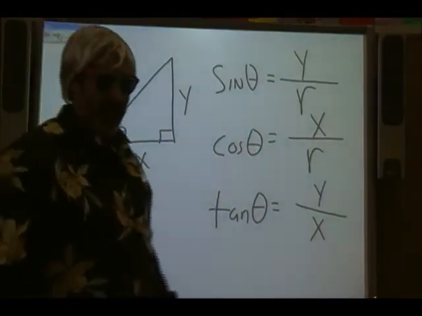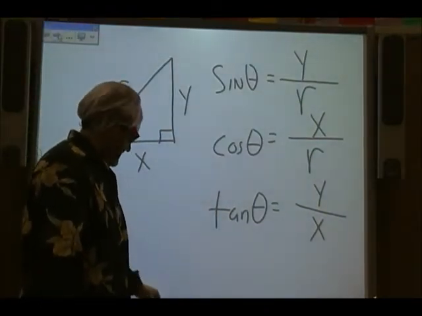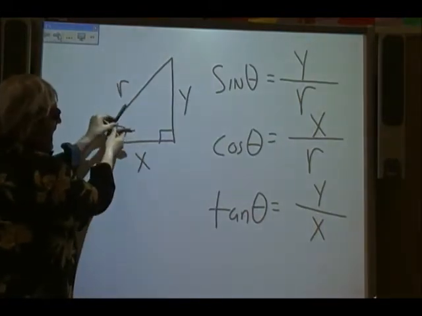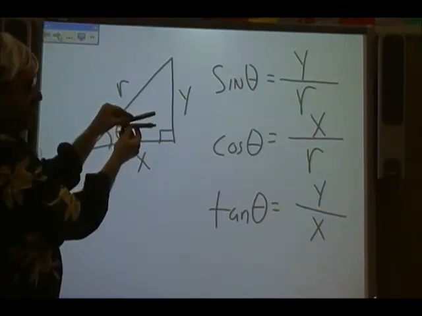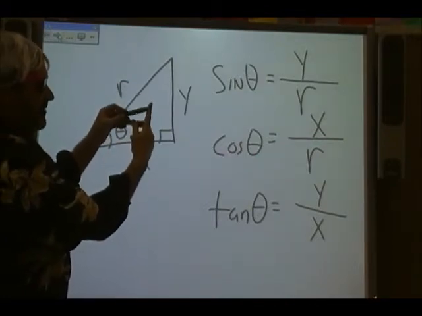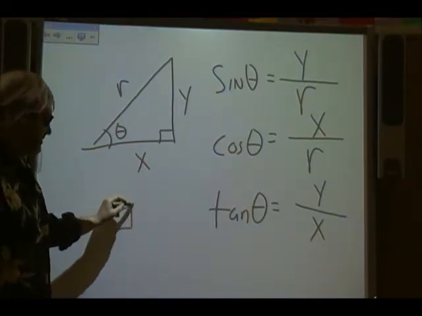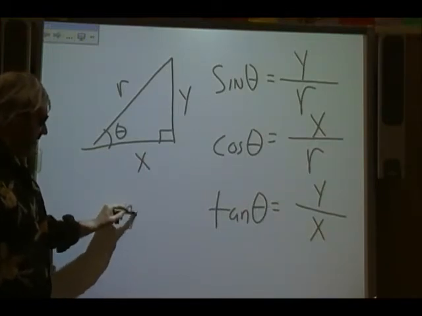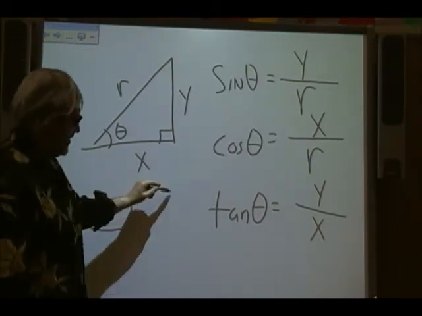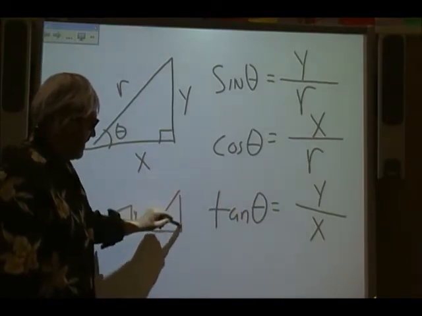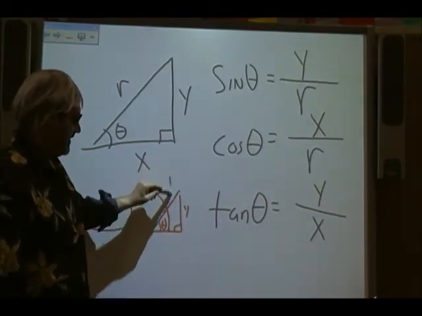So where were we? We're looking at sine of 0 and sine of 90. As sine deals with y, as the theta goes to 0, as this gets smaller and smaller, the y also gets smaller and smaller and approaches 0. Also, as this theta gets larger, the y gets larger.